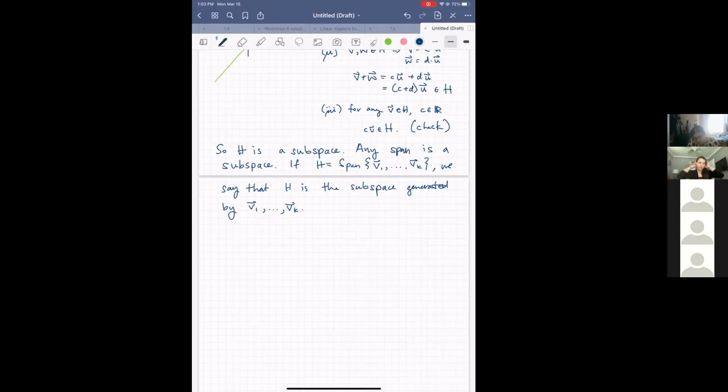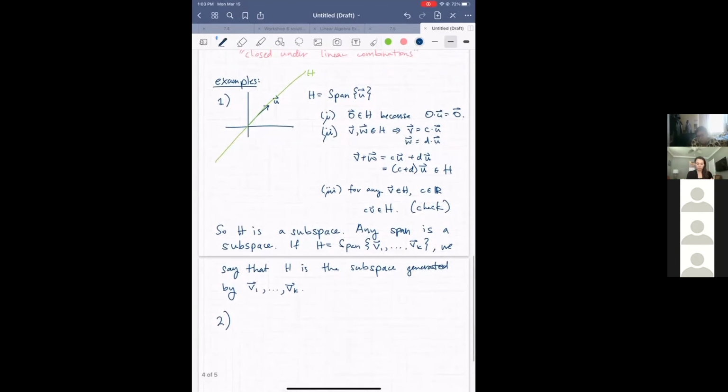Okay. So that was our first example, but we sort of expanded it to include a bunch of other examples because anything that we could write down as a span will be a subspace, right?